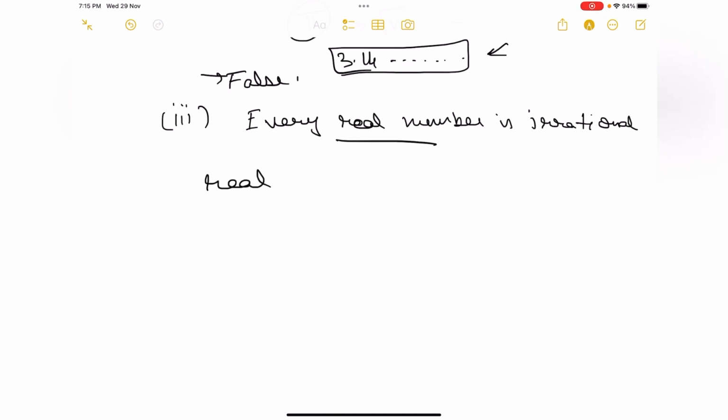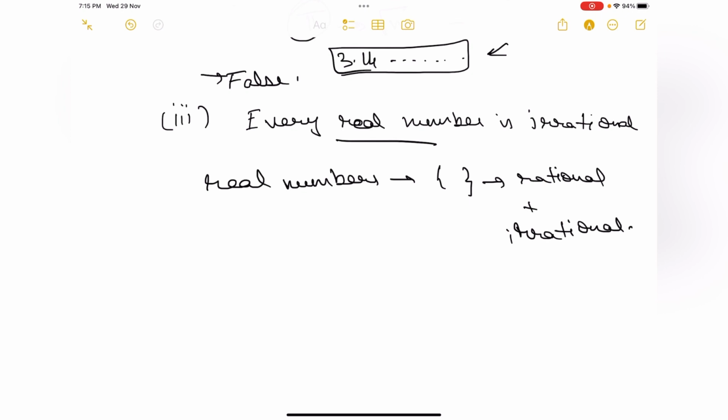Real numbers are the set of numbers which have both rational and irrational numbers. This set has rational numbers like 1, 2, 3, and irrational numbers like pi and so on.